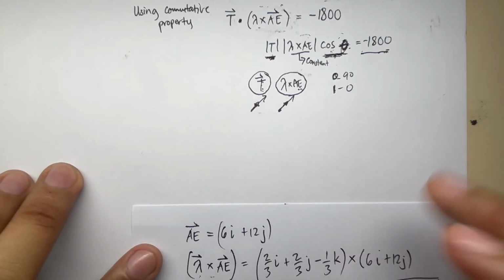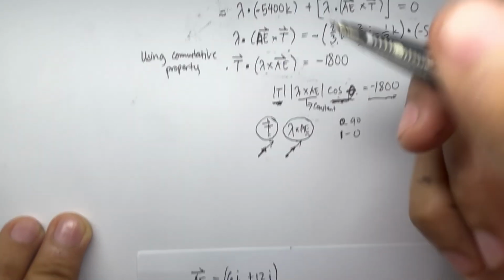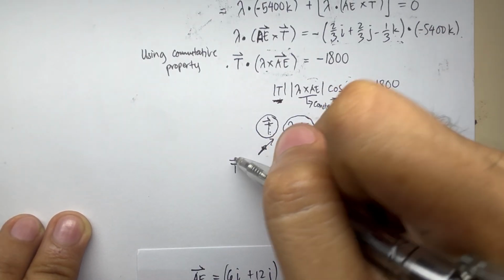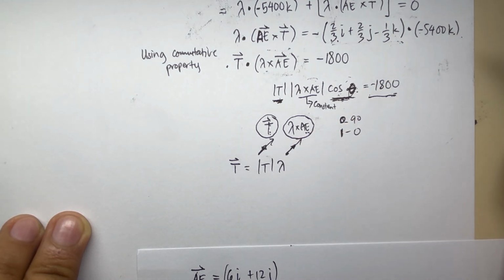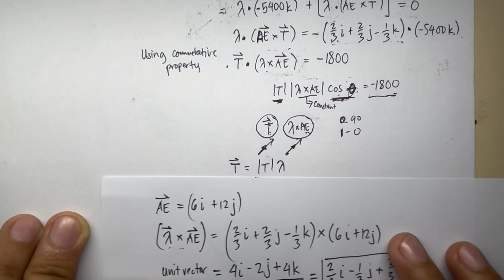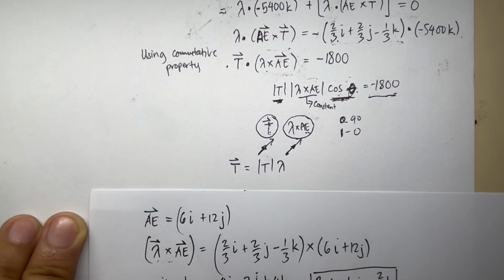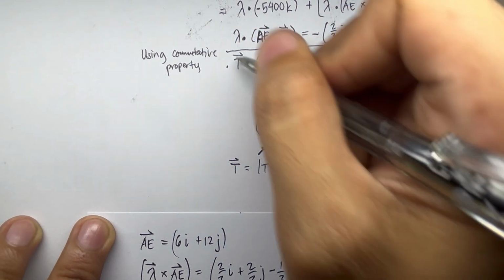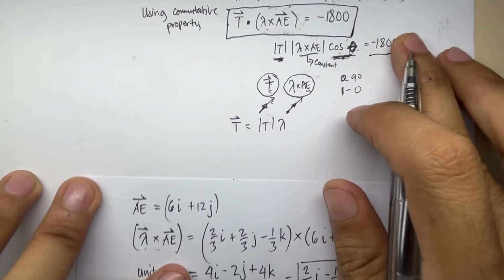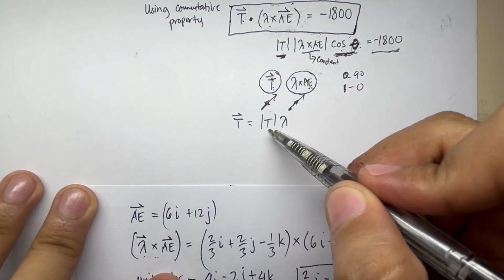Now knowing that vector t, from this expression here, our vector t is just equal to the magnitude of t times its unit vector. We already solved the unit vector of t, and that is equal to this one here. So by substitution from this expression, our t is just equal to the magnitude of t times the lambda.